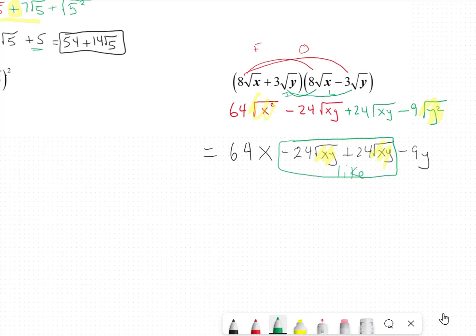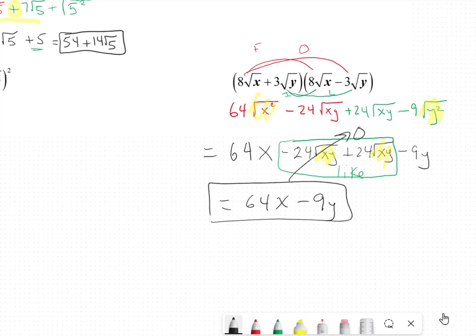They're the like terms, and we've got a positive 24 of them and a negative 24 of them. All of this is going to go to 0. Those make 0. And what's left? What's left is 64x minus 9y, and that's it. That's the final answer. It is the multiplied and simplified answer.